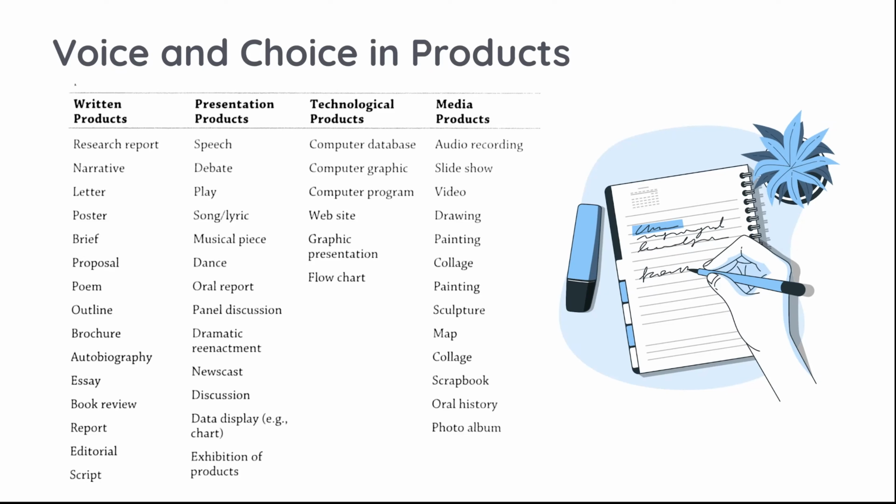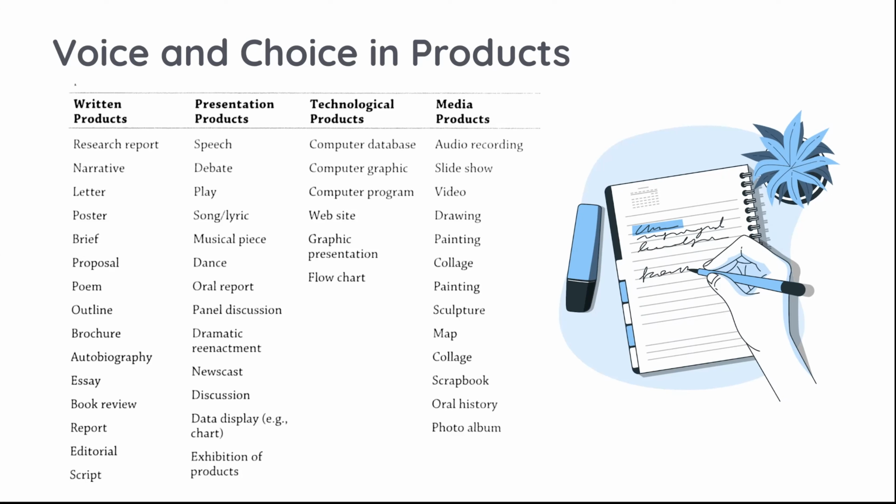So I end up presenting to my students a menu. It's not a food menu, but a product menu. So I'll say, for this project, well, you can make a poster, you can make a video, you can do a digital report or make a model, whatever it is. But I also leave in a little bit of flexibility if students have an idea for something that I haven't listed.